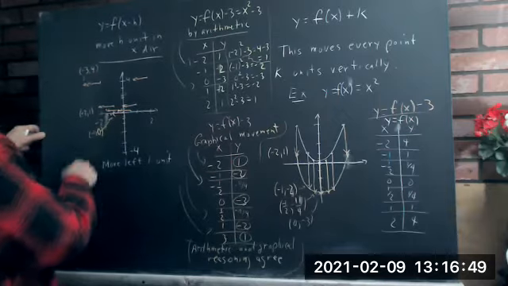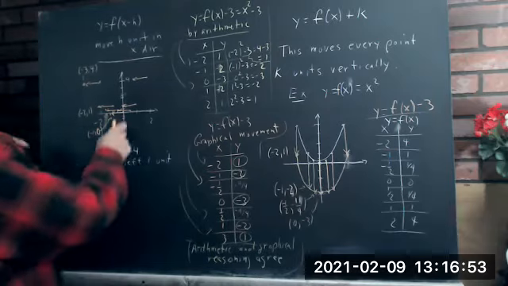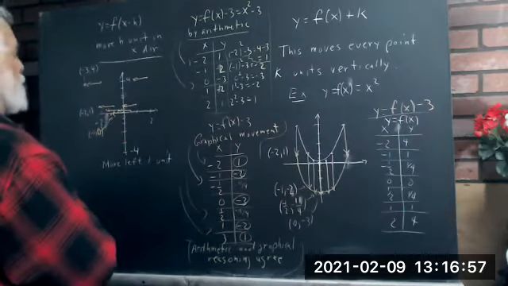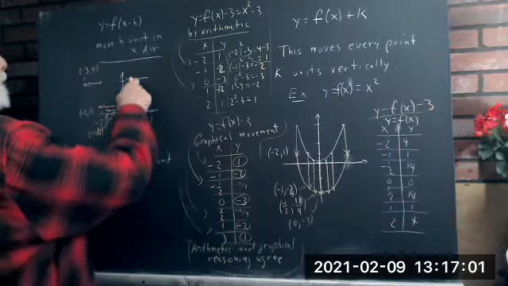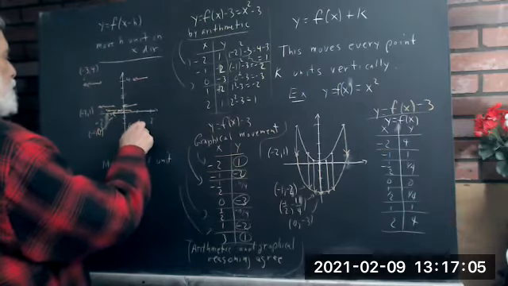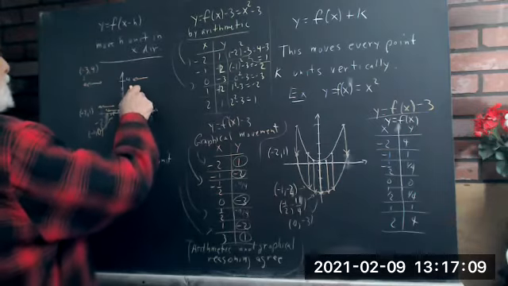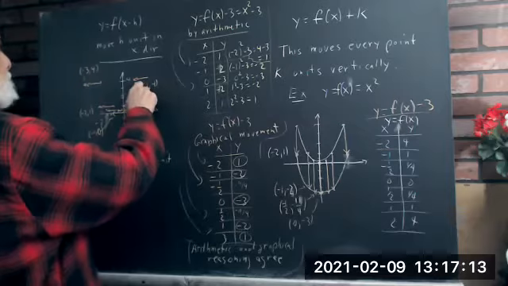So I'll clumsily make that 1 into a 0, okay? And you're going to get 0, 1, and I guess I have room to put that in. It'll be up here, and 1, 4.